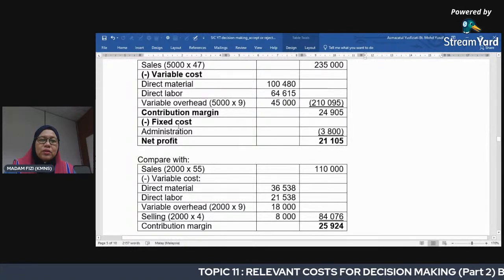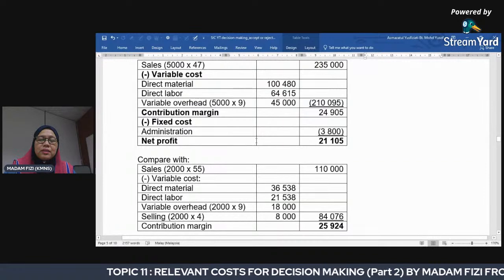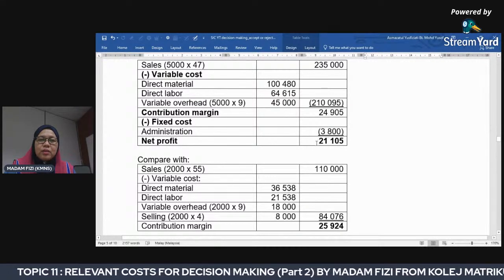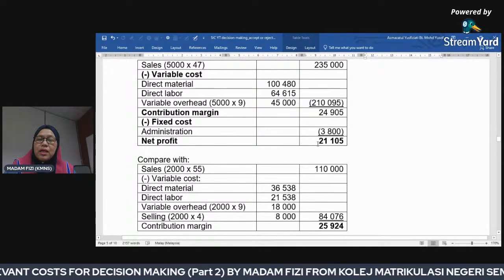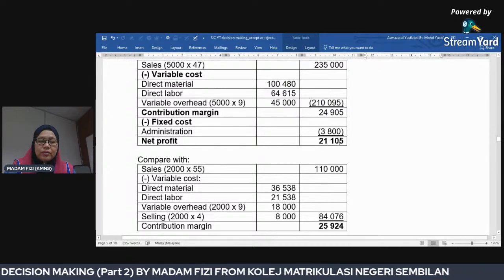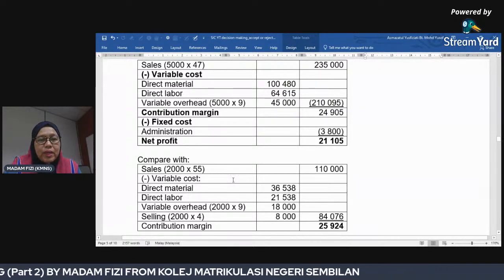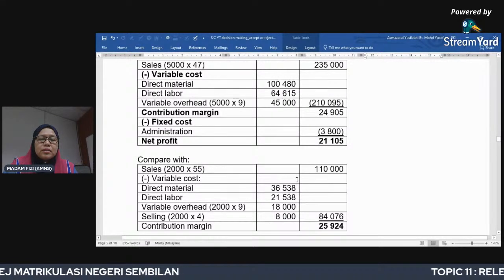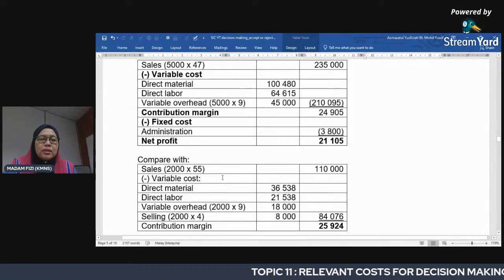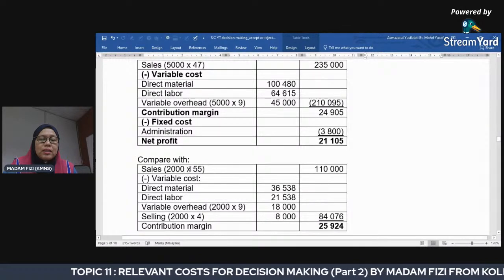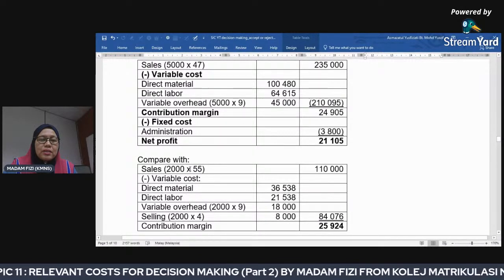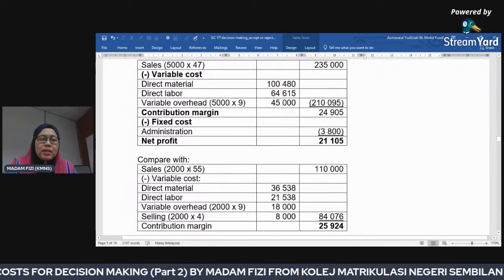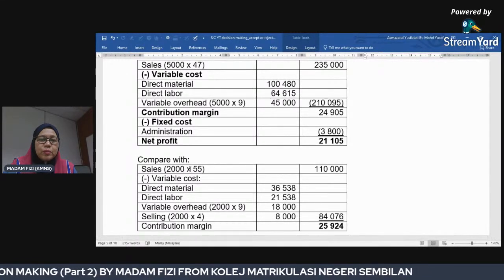Okay, minus the fixed cost, that is the administration just now is 3,800. So the net profit is 21,105. Okay, and then we compare if we reject the special order. Okay, so you can see here the 2,000, which we have to reduce because we accept the special order, from 52,000 to 50,000.